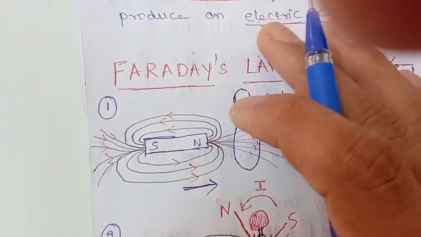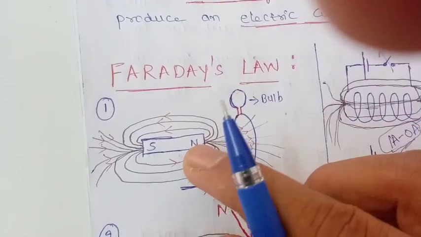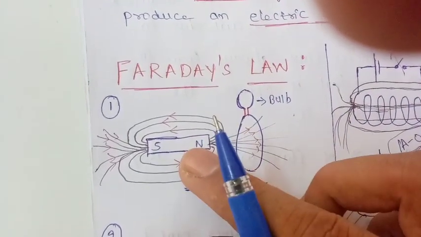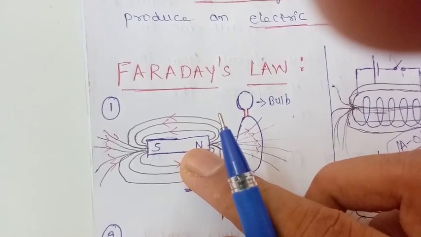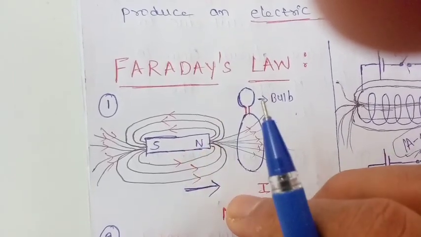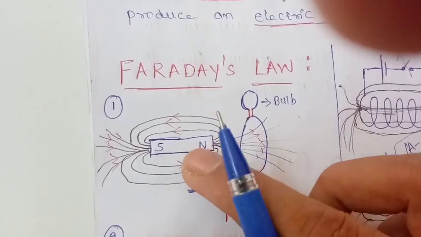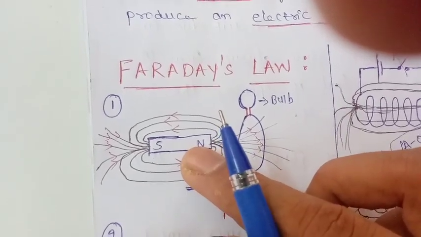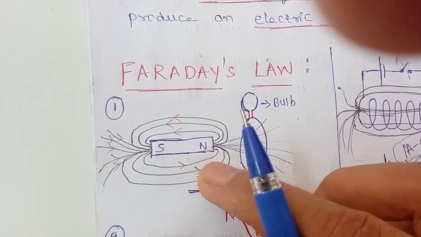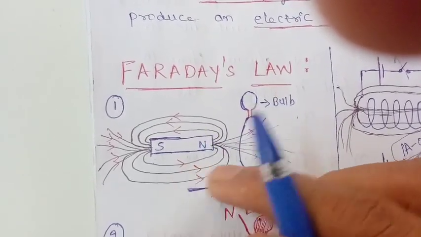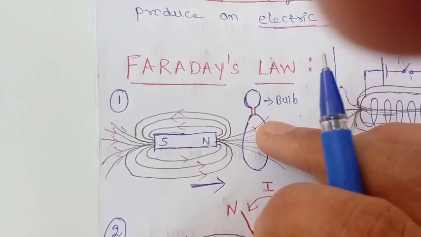That's why Faraday concludes that a static loop in a time varying magnetic field causes an induced EMF, or a time varying loop in a static magnetic field causes an induced EMF, or a time varying loop in a time varying magnetic field causes an induced EMF.